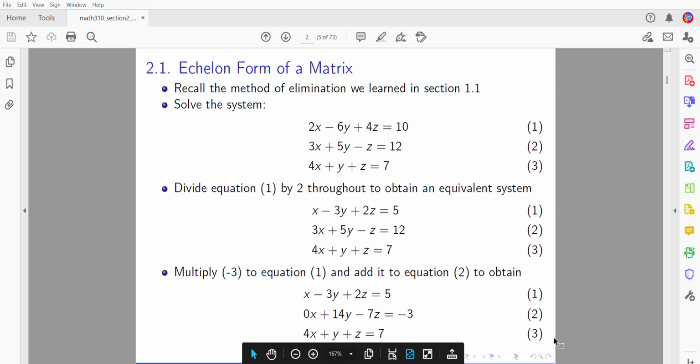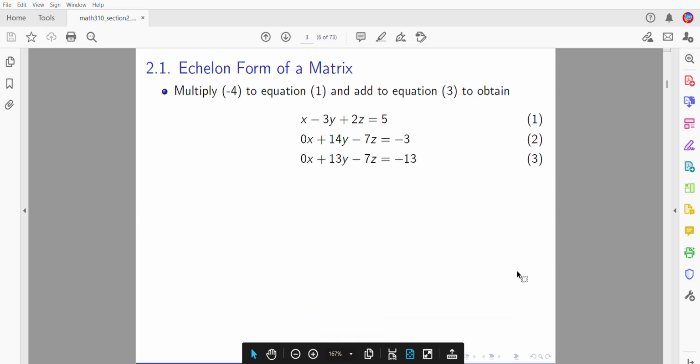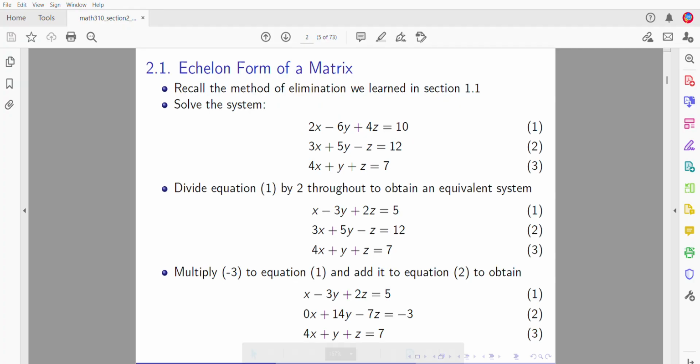Now I would like to get a 0 over here. Same story. Multiply the first equation by negative 4, add to the third equation. Let's go back. I need a 0 here. Multiply by negative 4, add it to this one. This is why we get a 1 here.